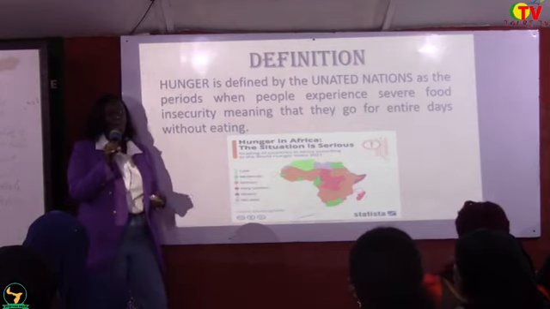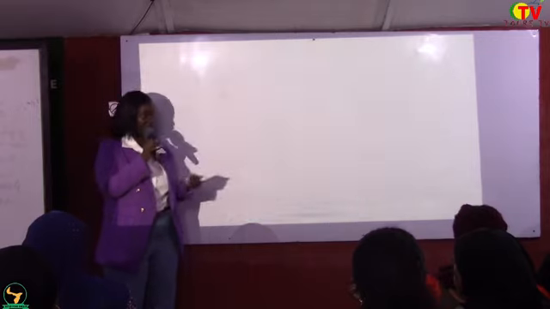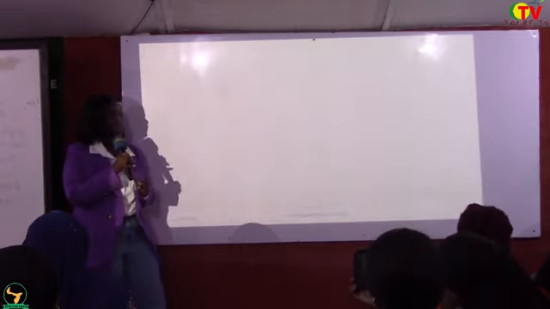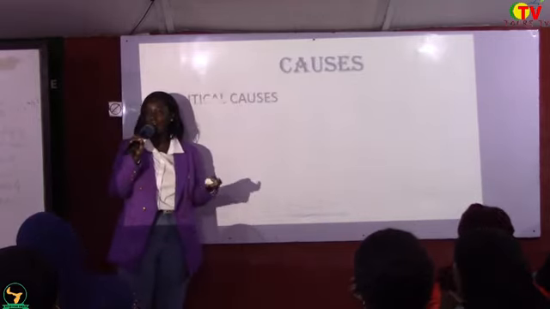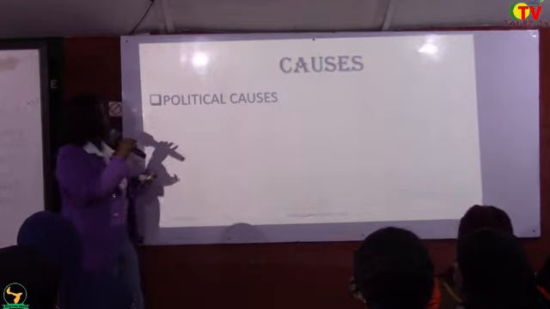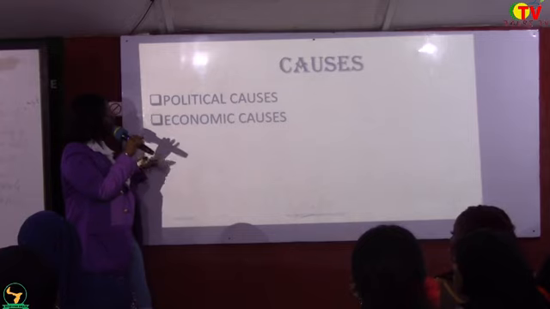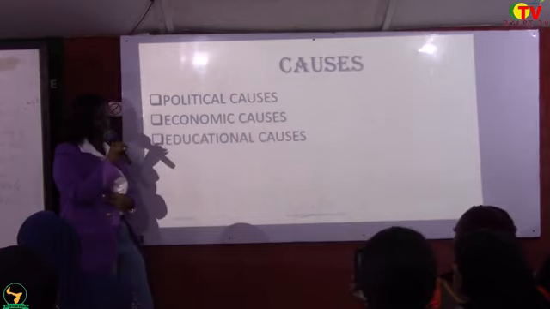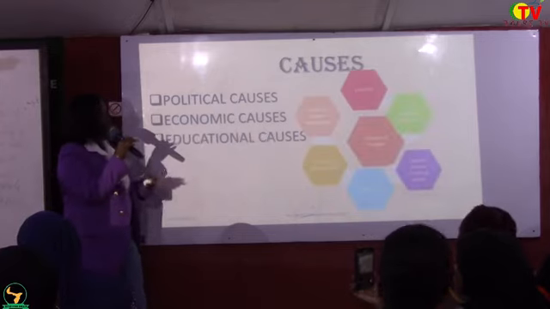So, what are the causes of all this issue? We have several causes of hunger, but today we are going to talk about three main causes: political causes, economic causes, and educational causes. So, political causes.